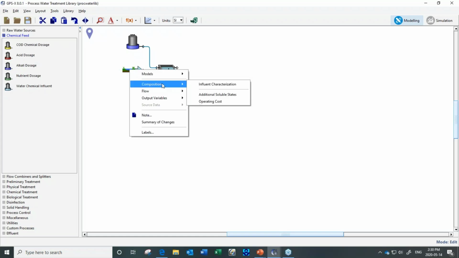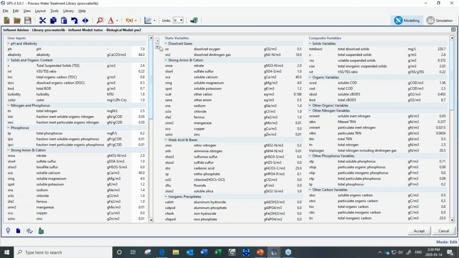Also, with respect to the composition itself, we have a very detailed characterization of the influent that you will see. It might be a little bit overwhelming when I open this one, but let's see here.